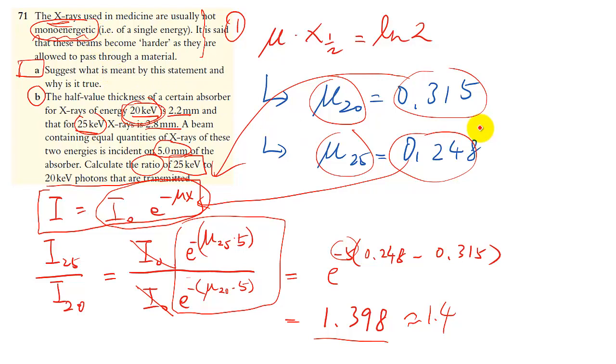Because in that case, you may find the 20 keV has already decayed, or the energy has been reduced a lot, while the 25 did not, right? So it may help you to see a wider, more contrasting picture in that case. I think that's what I can say about the advantage of having multiple energies in the X-ray.